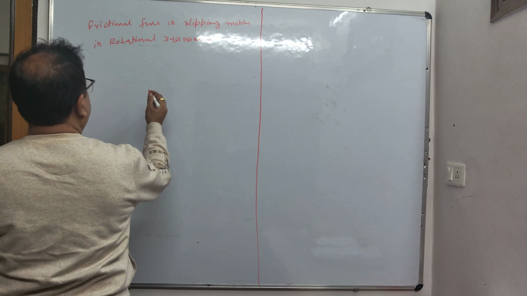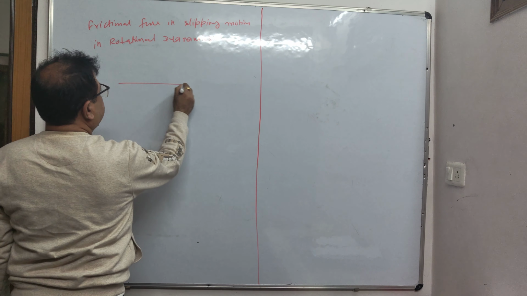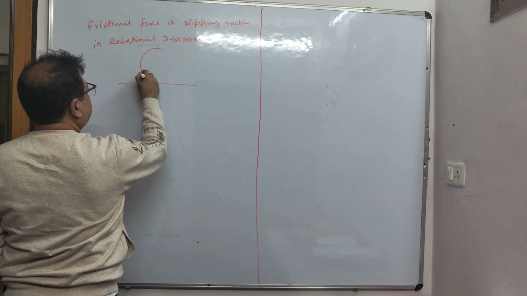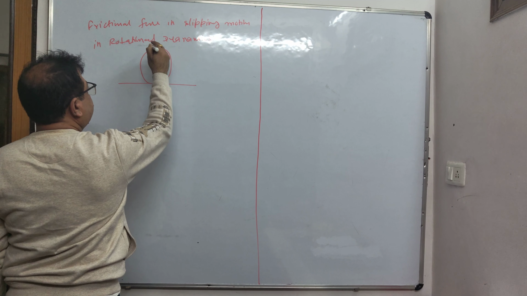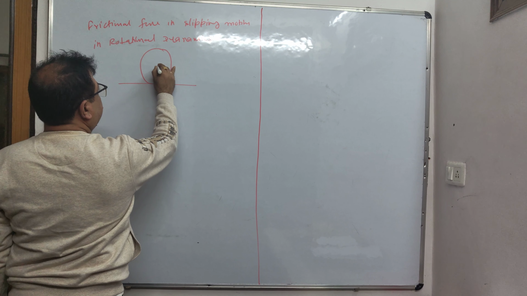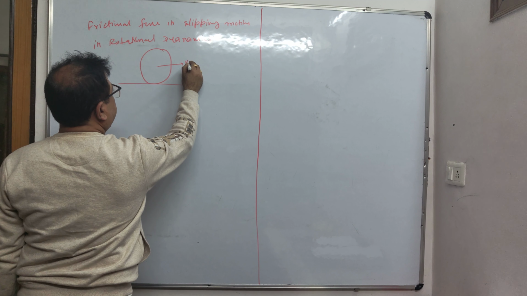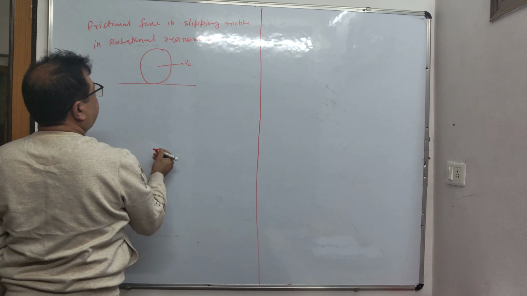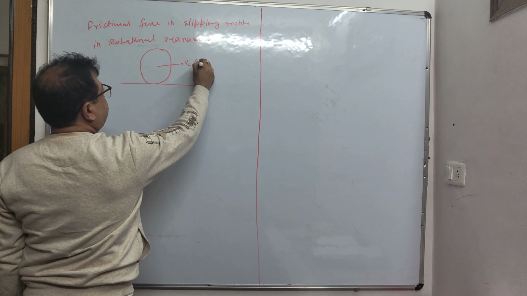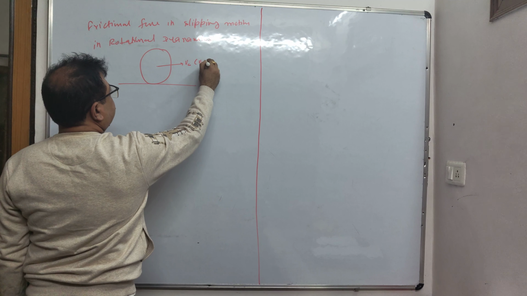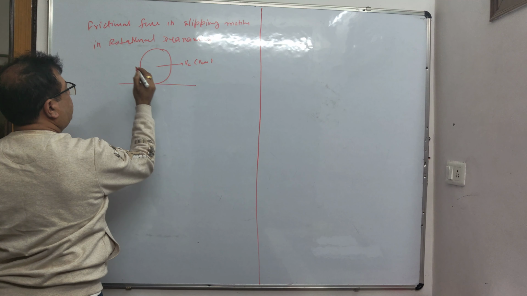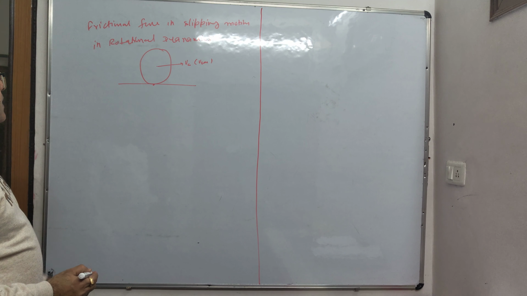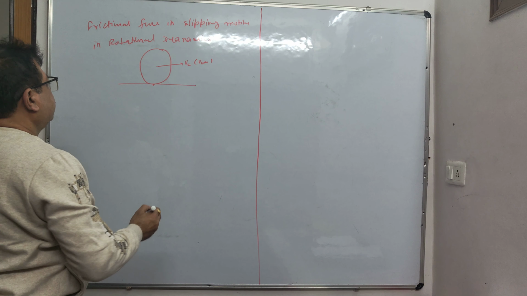So in this case, first let us understand, already I have discussed all these things earlier, videos are there. The velocity of center of mass, this is VCM, is there, and this is the point of contact.